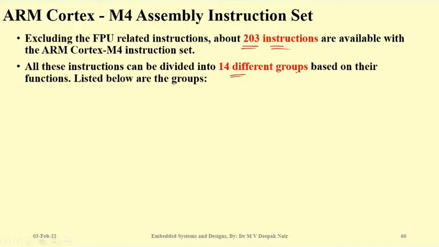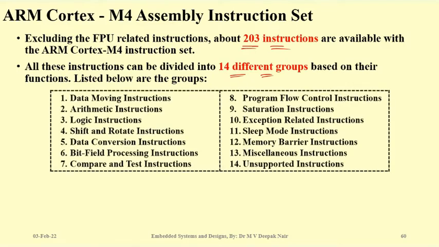If you recall, 8085 has 74 instructions. Similarly, here you have 203 instructions, divided into 14 different groups. Remember, you don't have to memorize these 14 groups, but in general you can remember that there are 14 different groups, that's all.